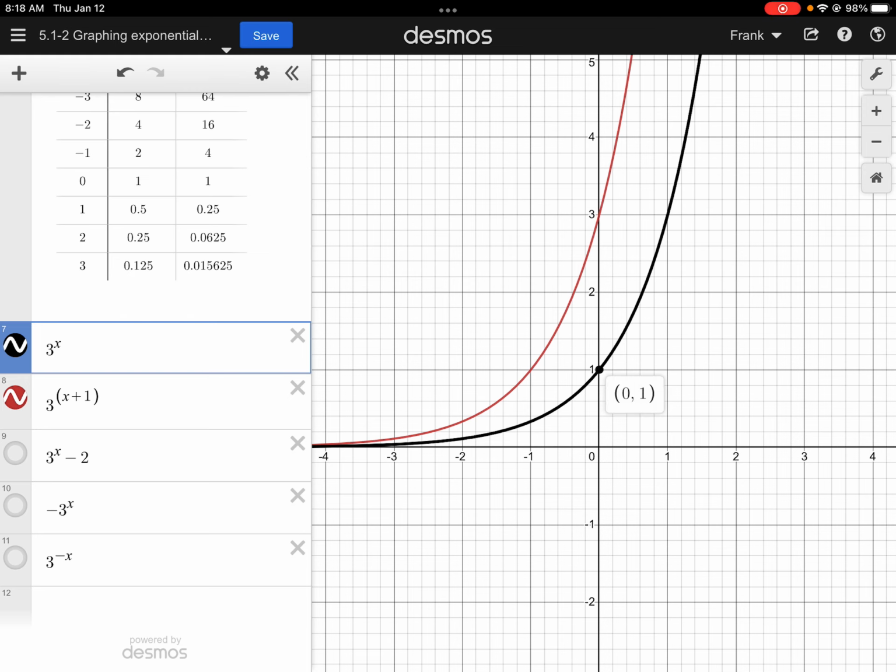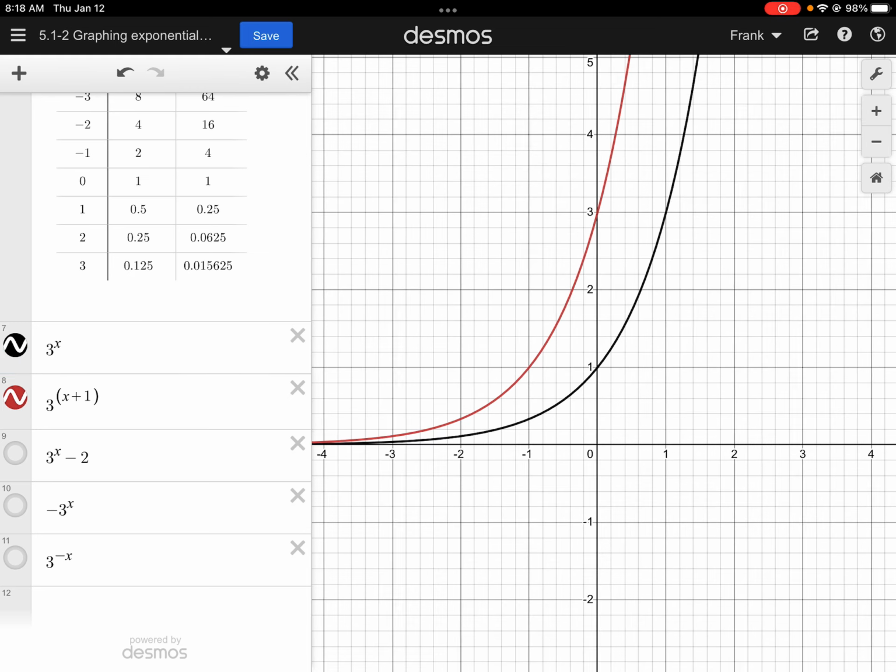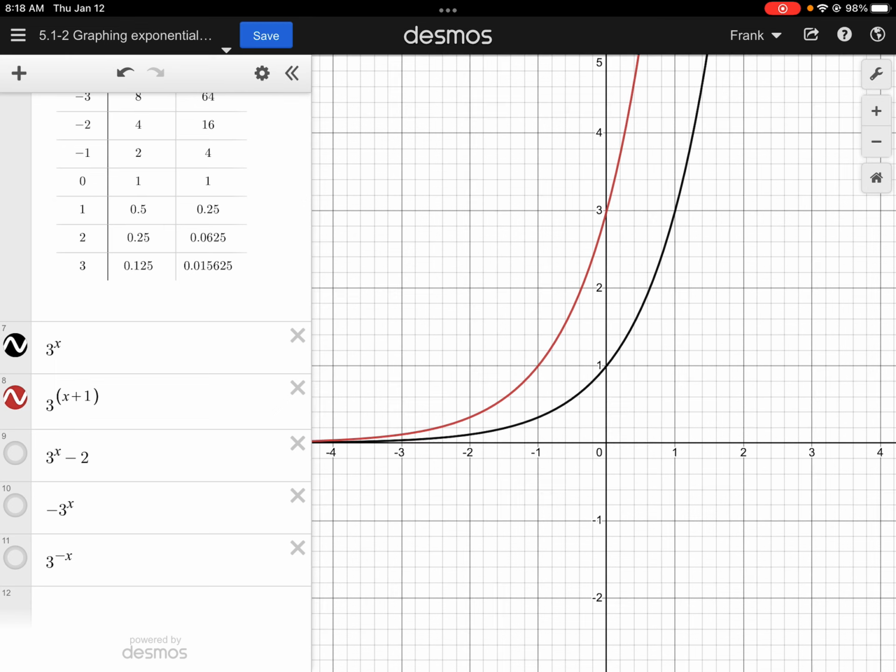If you're just tracking this point 0, 1, it is now over here on our red function here. It is now at negative 1, 1. It has moved 1 unit to the left. So when we're adding or subtracting in the exponent, that's inside our function. So if we're adding, the function moves to the left. If we were subtracting, our function would move to the right.